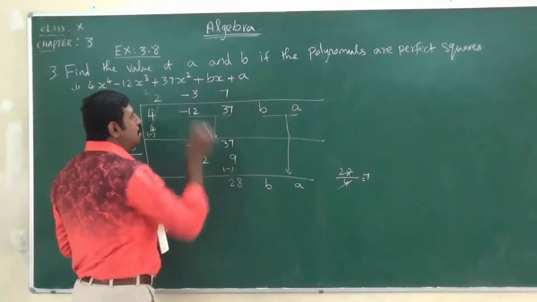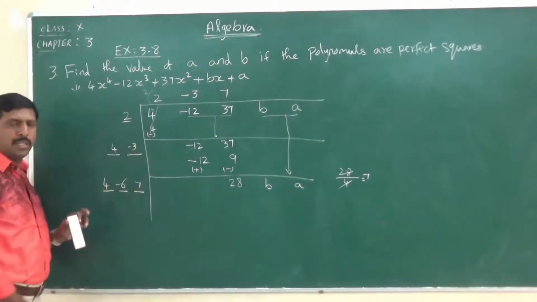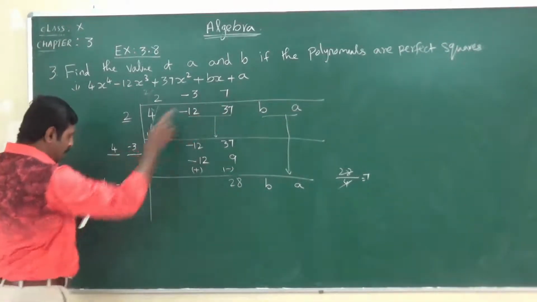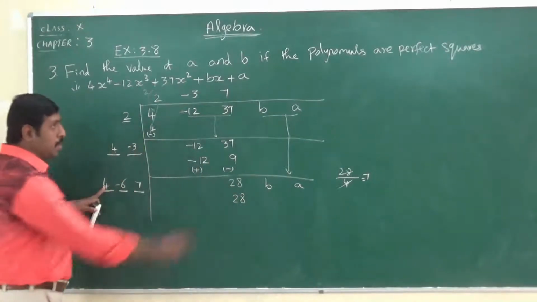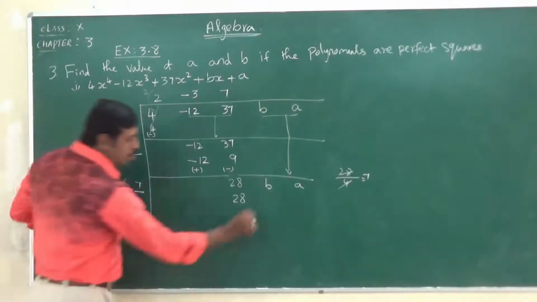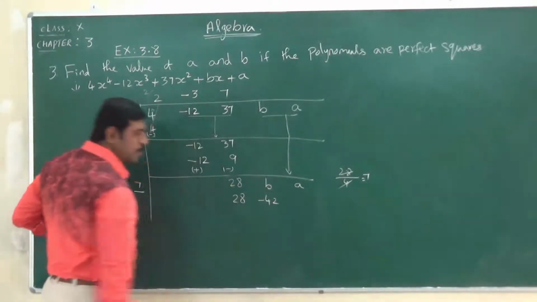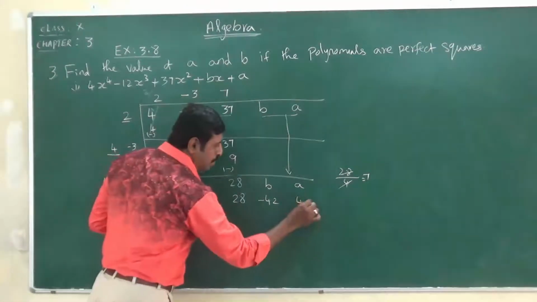So here we have the number 7. And here also we have to put the number 7. Now multiply this. 7 4s are 28. 7 6s are 42. Here we have the minus symbol, so minus 42. And then 7 7s are 49.